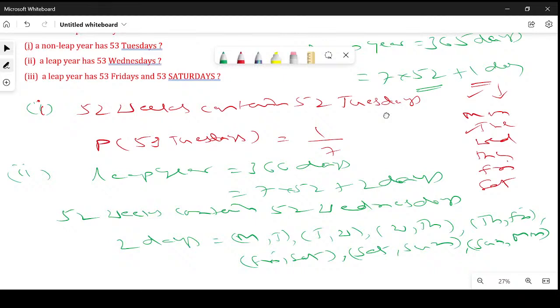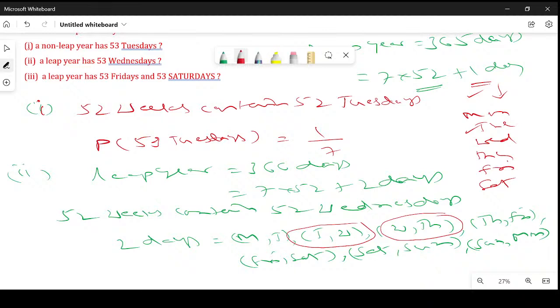Wednesdays, right? 53 Wednesdays means we want the favorable condition. So I can check how many combinations contain Wednesday. This is one combination, this is another combination. We have 2 favorable combinations.